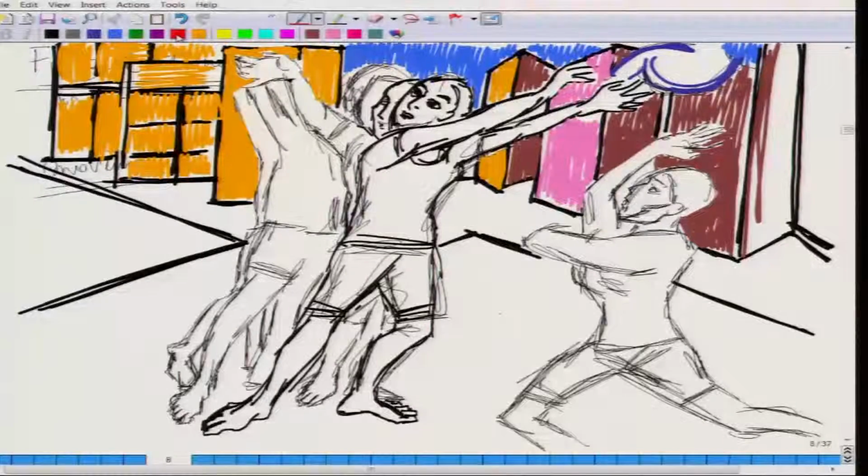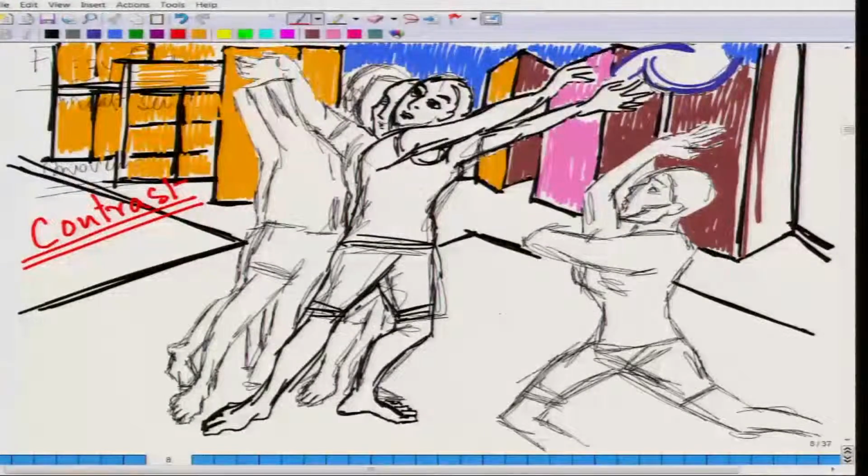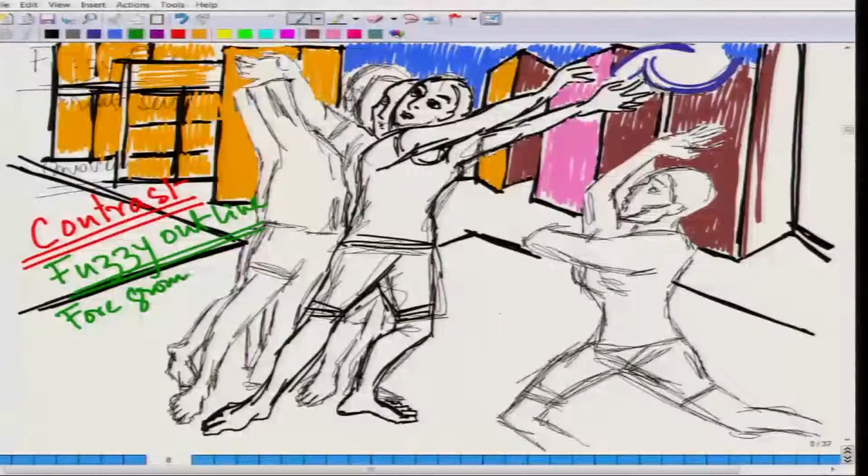So, let us observe what we have done here. One is we have created a contrast of a very fuzzy outline in the foreground like this, the fuzzy outlines in the foreground and steady outlines at the background.